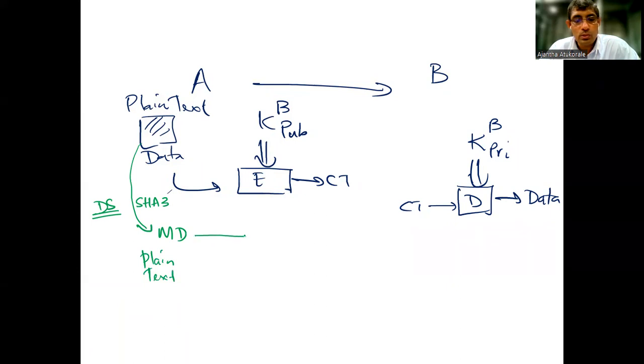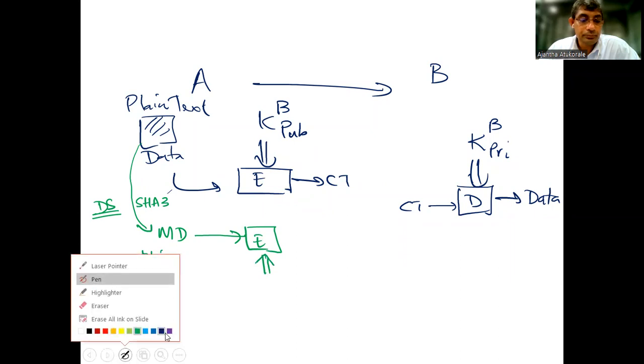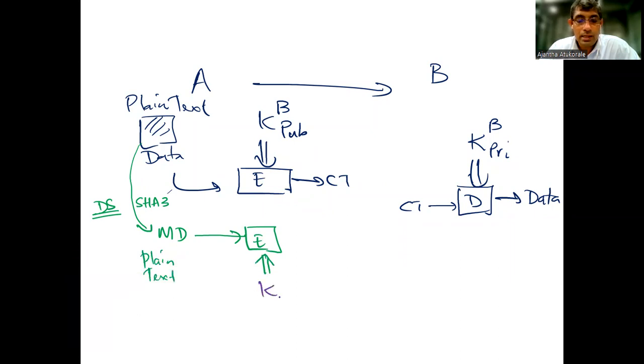Now you encrypt that with another key, that is Key A private. And then I should get the digital signature.